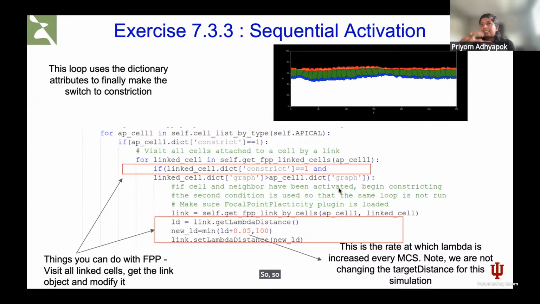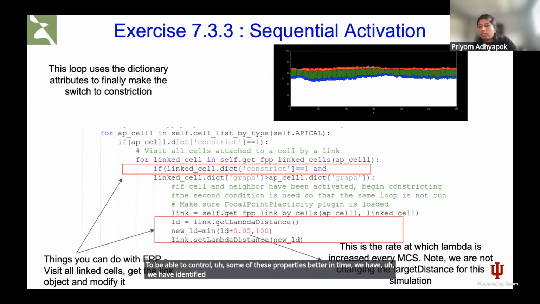So far, just to sum it up, in this new version, to be able to control some of these properties better in time, we have identified three variables. One, during the course of the simulation, at every couple of Monte Carlo steps, gives a cell the signal to be able to constrict. That's the wave speed parameter.